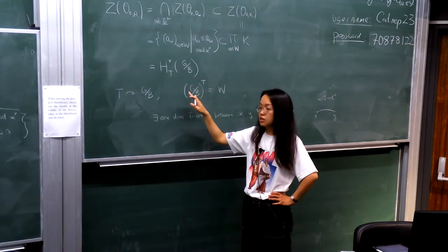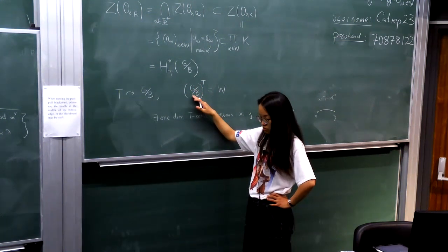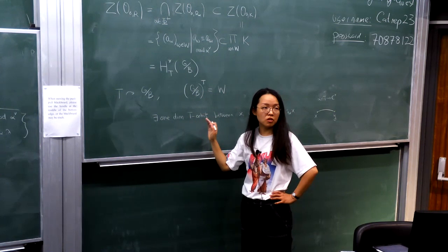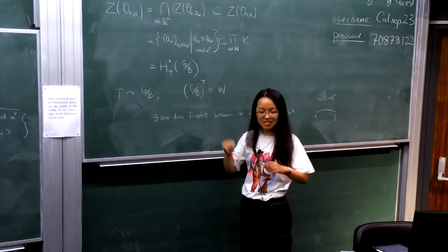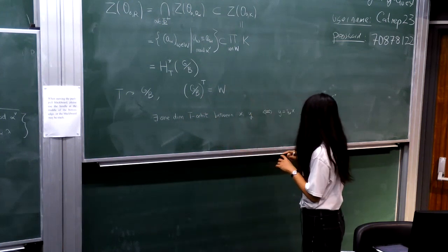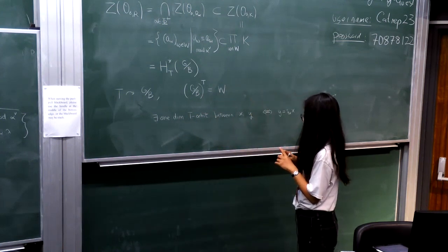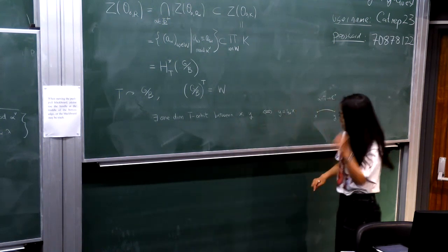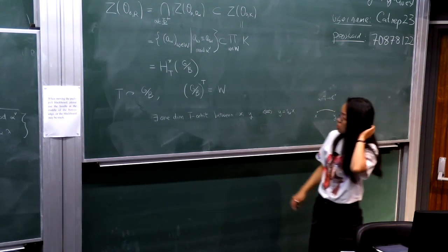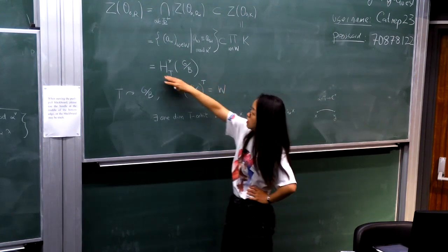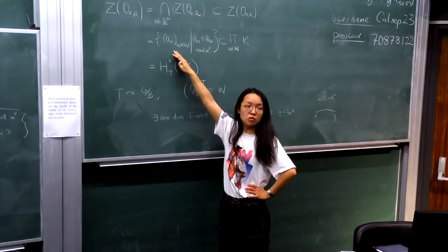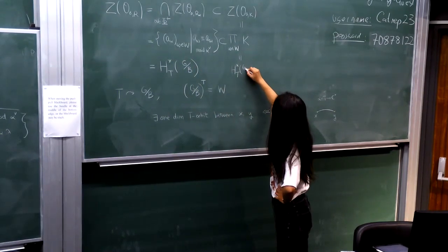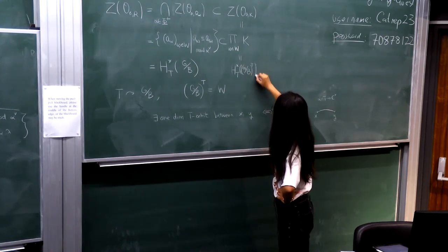If you have a variety, fixed points are isolated, and there's only finitely many one-dimensional objects between fixed points, and with some extra condition on the characters which is satisfied in this case, then you can always describe the invariant homology in such situation where you identify this with the invariant homology of the fixed points.